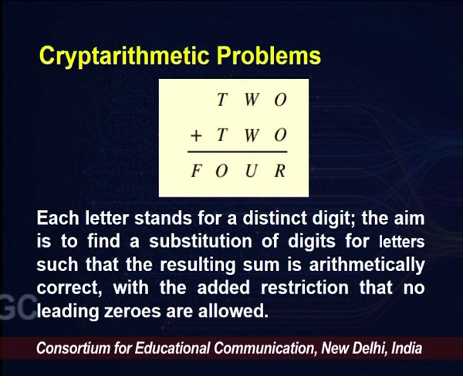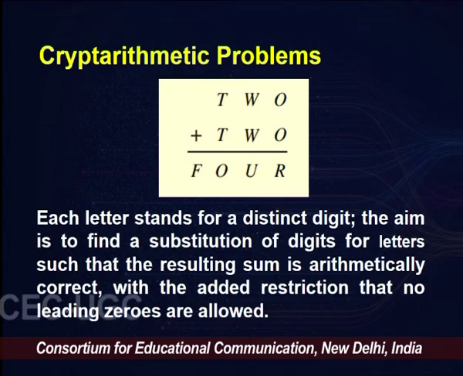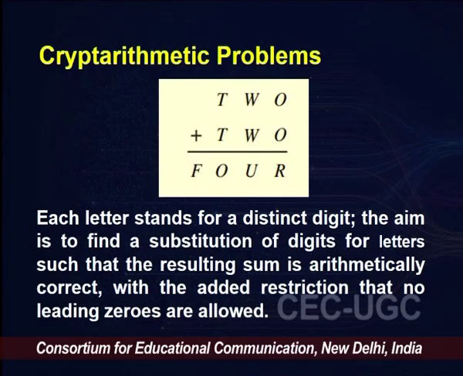Each letter stands for a distinct digit, and the aim is to find a substitution of digits for letters such that the resulting sum is arithmetically correct, with the added restriction that no leading zeros are allowed.